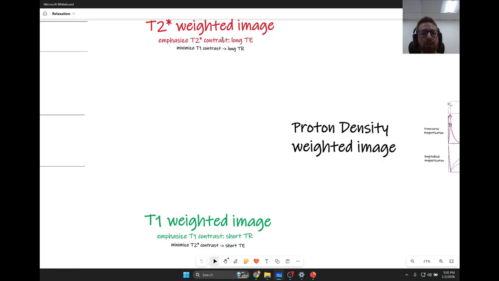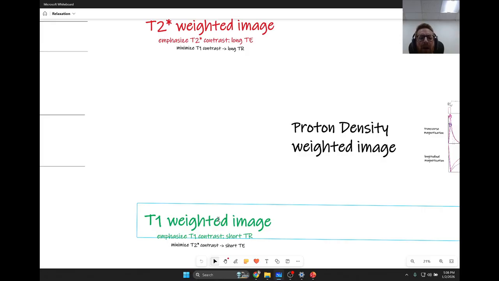Number one, T2 star weighted images are going to have long TEs. Number two, T1 weighted images are going to have short TRs. So long TE is going to generate T2 star contrast. Short TR is going to generate T1 contrast. And you don't even have to memorize that.